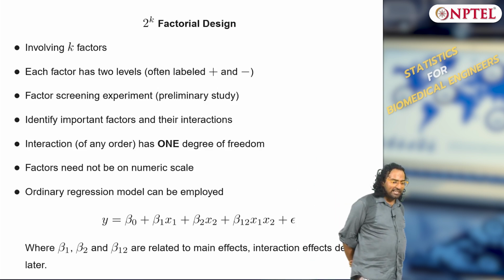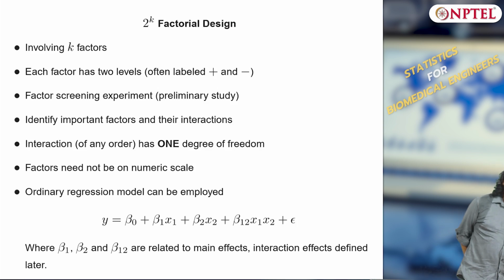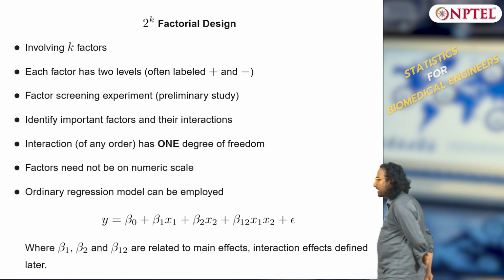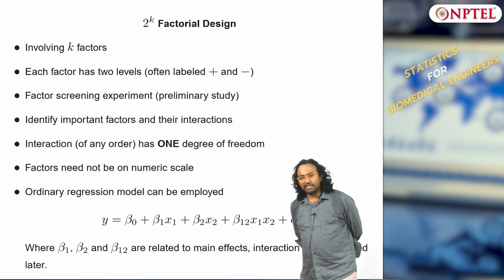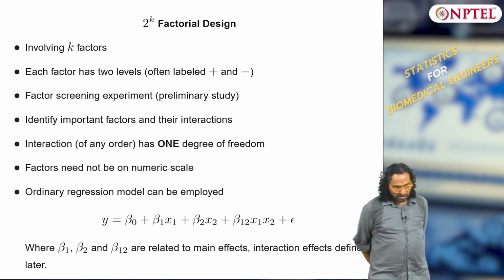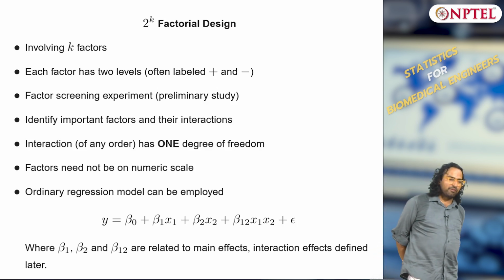Typically factor screening experiments are a preliminary study; these experiments are only for doing preliminary studies. So the objective is to identify important factors and their interactions, okay. An interaction of any order has 1 degree of freedom.